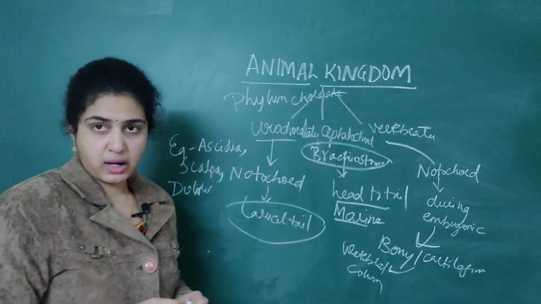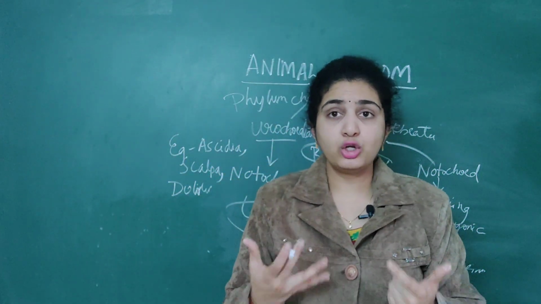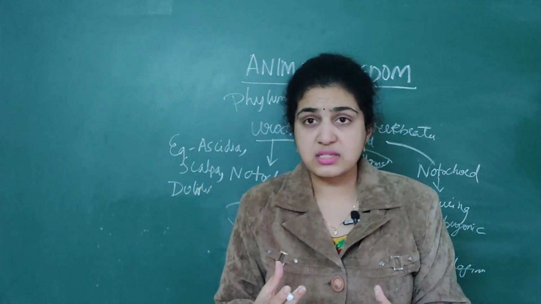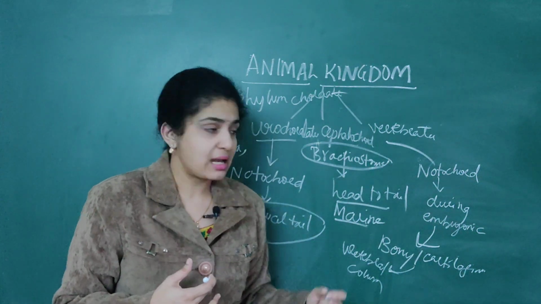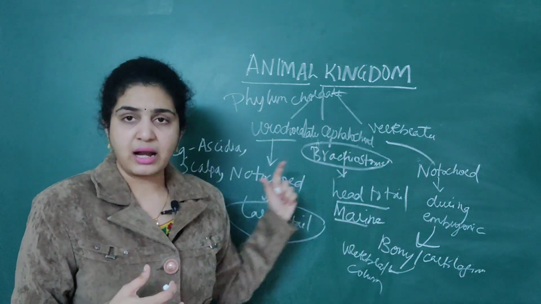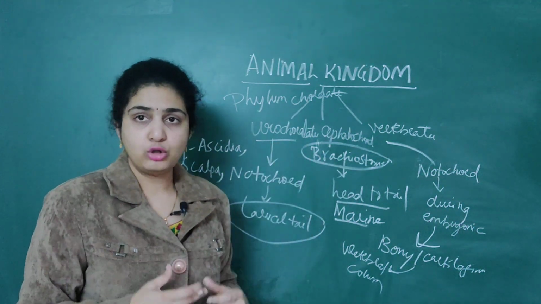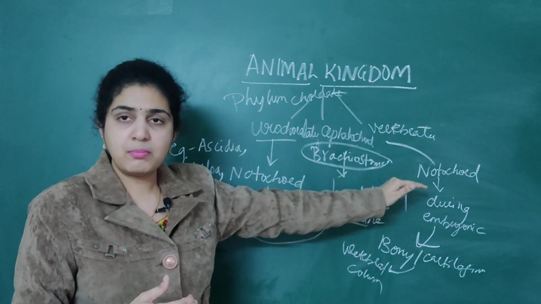When it comes to vertebrates, they are again classified into numerous classes like Chondrichthyes, Osteichthyes, and Cyclostomata. We are going to see how all of it is classified. So just write down about these three. Next we will go into detail on vertebrates. Phylum Chordata has three subphylum.